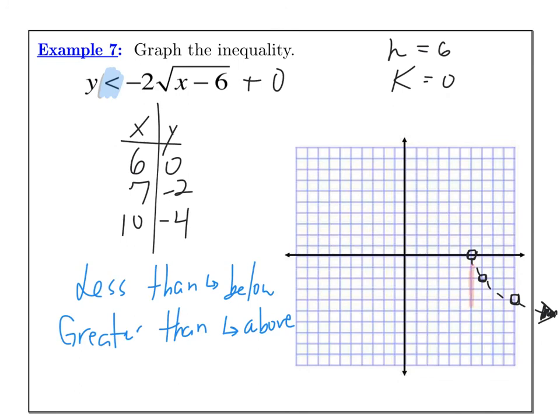Now here's the deal. We do have to keep in mind the domain of this graph. Okay? Because it doesn't make sense for us to shade anywhere over here. Because if you think about it, all of these x values, if you were to plug them in here, we would get an imaginary solution.